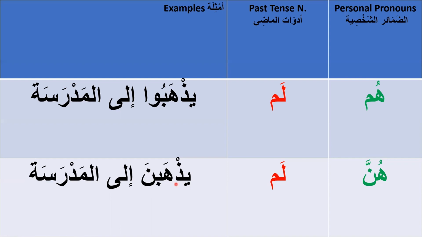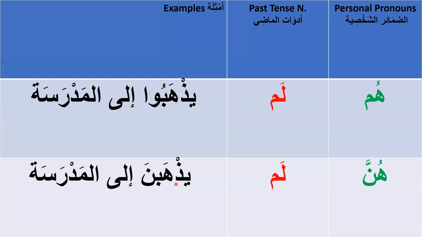As yesterday, I pointed out that when you conjugate you singular feminine, you both of you, for the second person, and you all masculine plural, they all masculine plural, you gotta drop the noon.